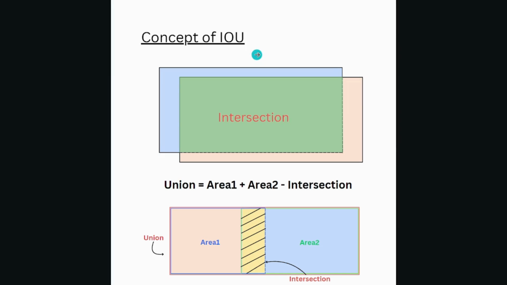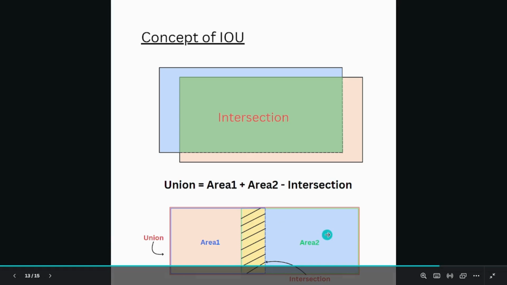So if two boxes are intersecting, then we'll calculate the IOU of those boxes, and the box with the highest IOU will be taken into consideration. How the IOU is calculated is that for the intersection, we take the common area of the two boxes that we have used, and for the union we use the formula area 1 plus area 2 minus the intersection part.